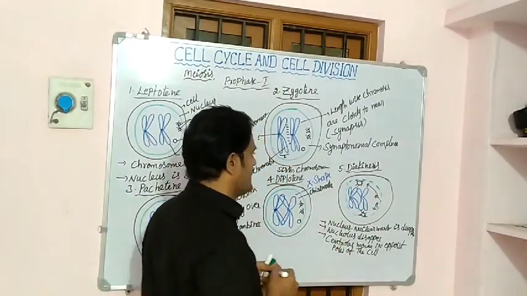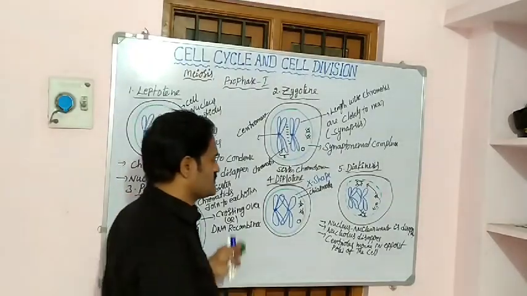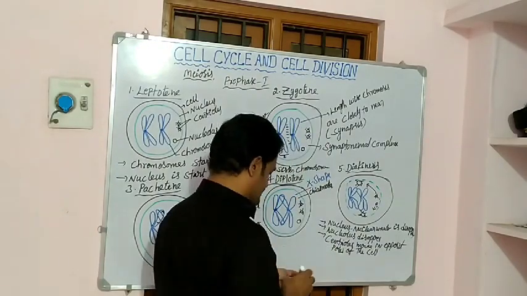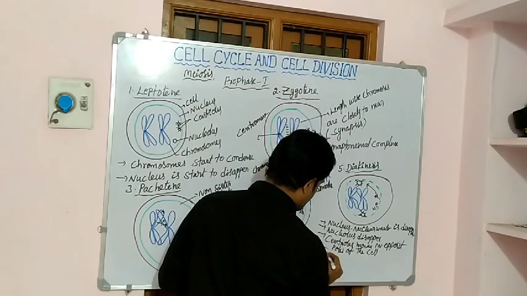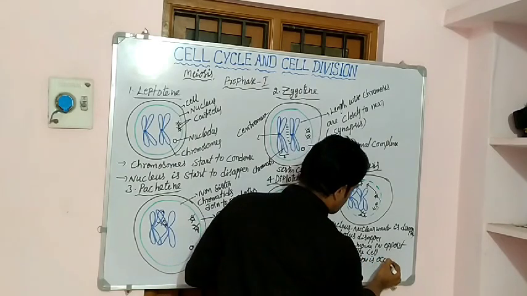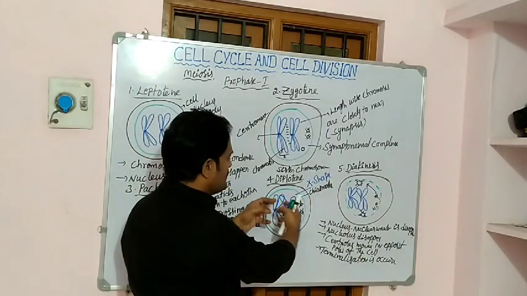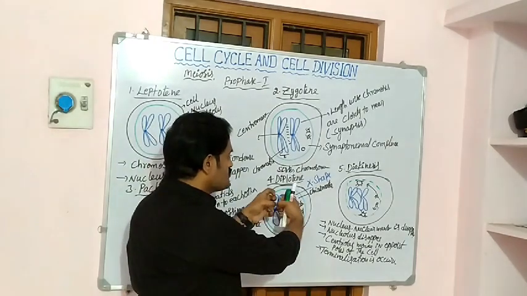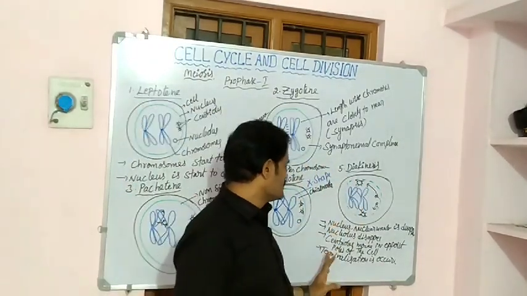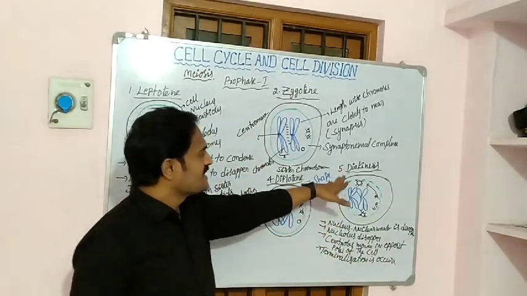This process is called terminalization. Terminalization occurs. The chromosomes pull apart and are just attached at the terminal part of the chromatid. So these are the changes that occur in the diakinesis.